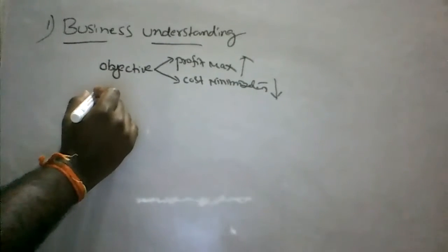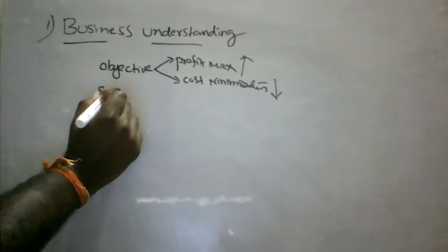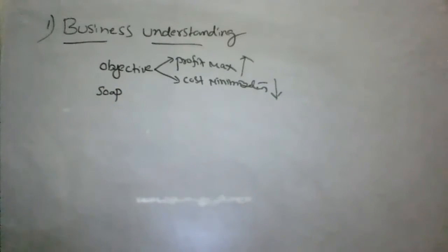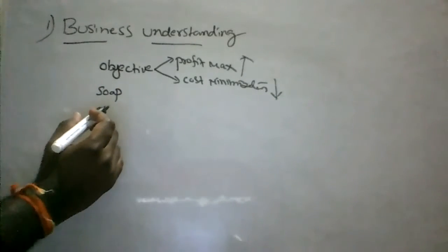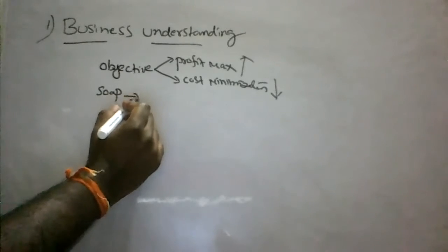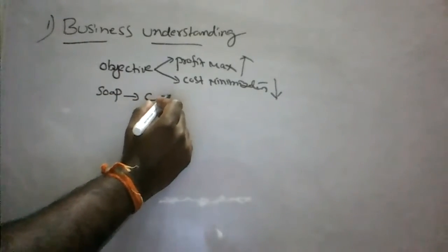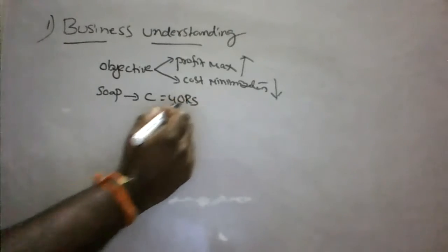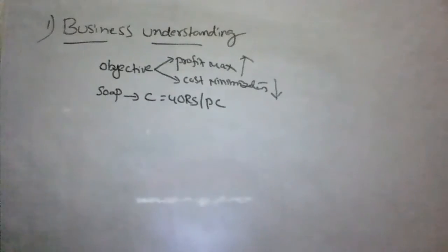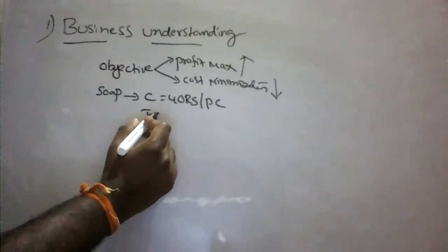Let us take soap, the same example, for my retail industry. That means an FMCG product, soap. The cost I have denoted as C is 40 rupees per piece. Let total cost of production be denoted as TC.